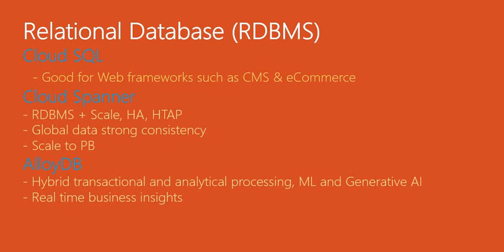And next is Cloud Spanner. Cloud Spanner is a highly available RDBMS service of Google Cloud. You can scale up to petabyte size, and it has very strong consistency.